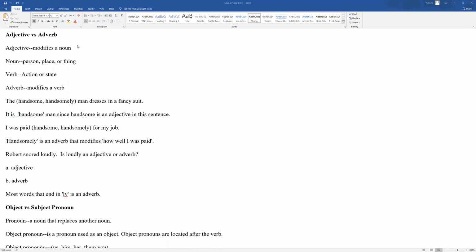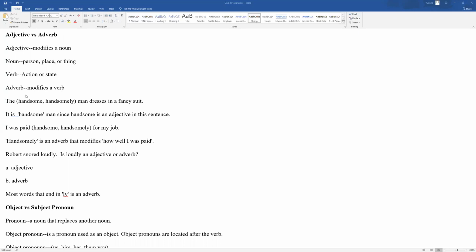An adjective modifies a noun. A noun is a person, place, or thing. A verb is an action or a state. An adverb modifies a verb. So, the handsome man dresses in a fancy suit. And so we use the word handsome because handsome modifies the noun, man.